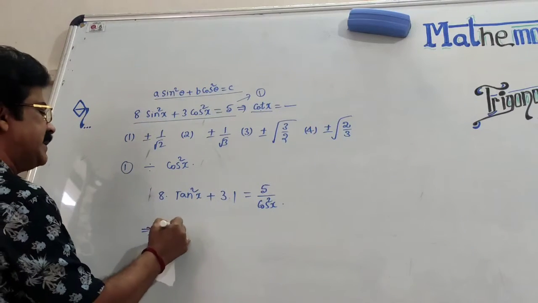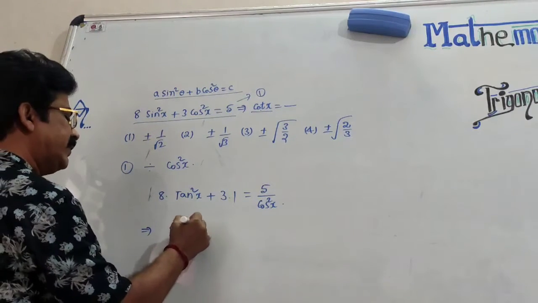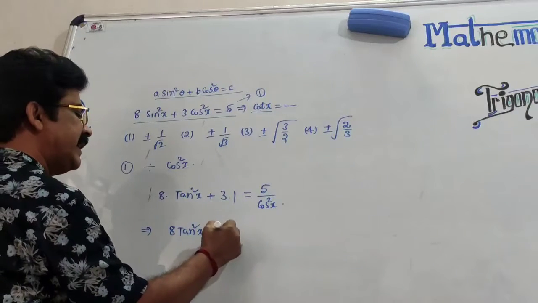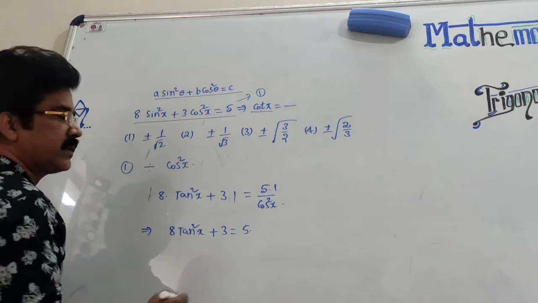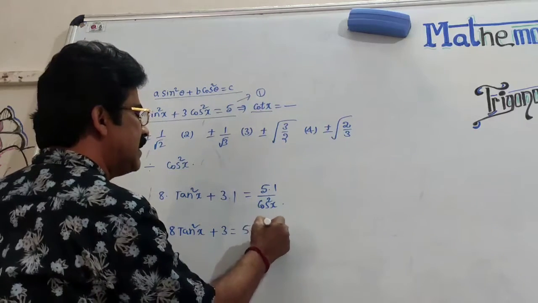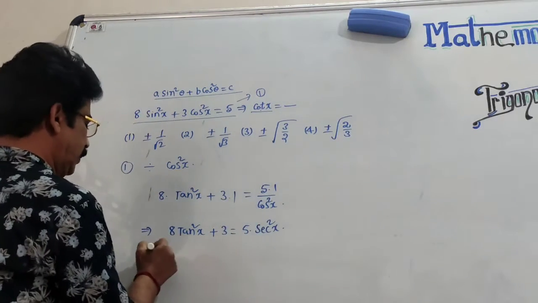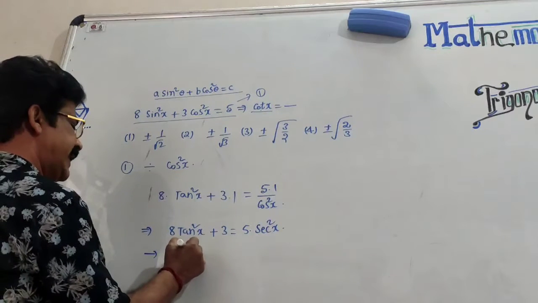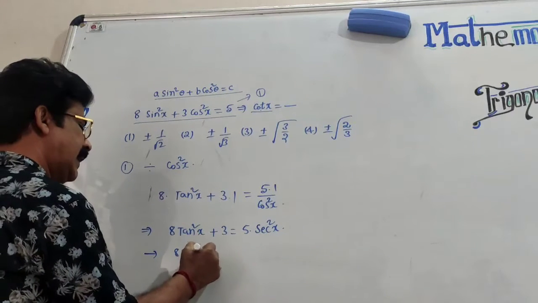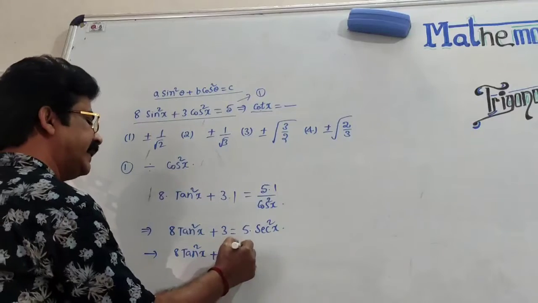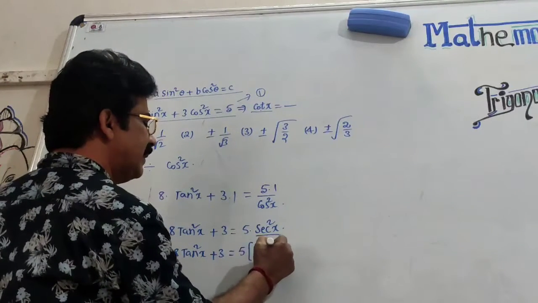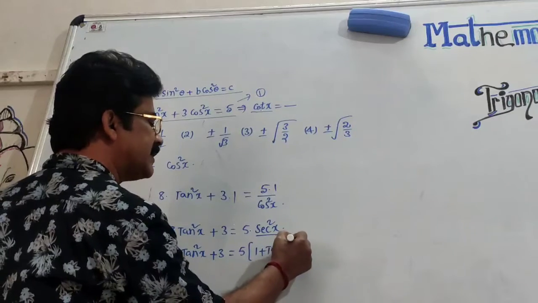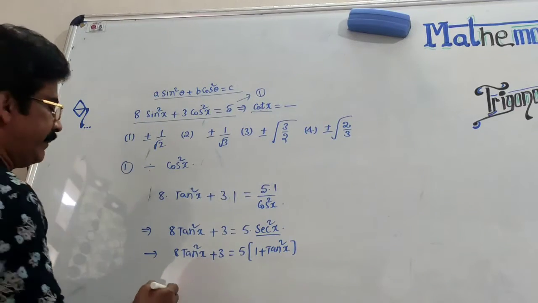So that implies 8 tan square x plus 3 is equal to 5 into 1 by cos square x. 1 by cos square x is secant square x. So 8 tan square x plus 3 is equal to 5 into secant square, which is 1 plus tan square x. This is the standard identity formula.